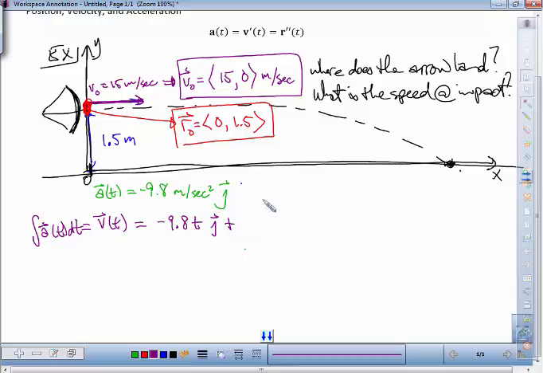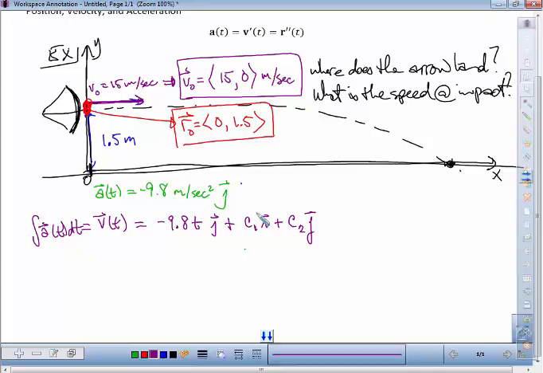Plus, now here's your constant. You have some constant in the i plus another constant in the j direction that we need to consider and be able to solve for. And the way we're going to solve for this is with the initial conditions.